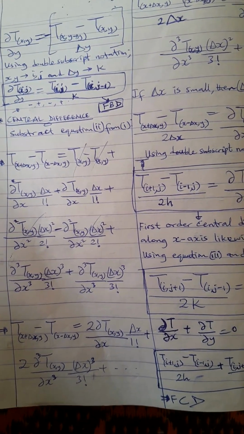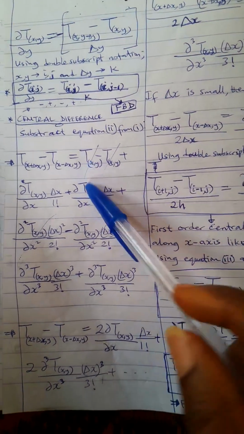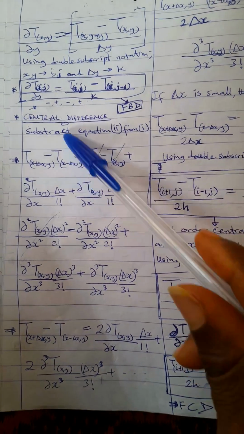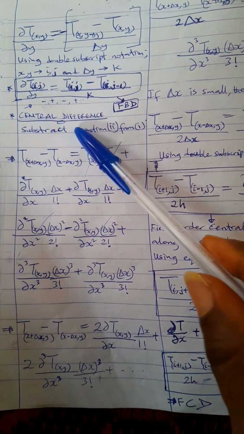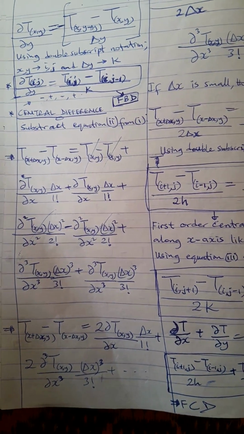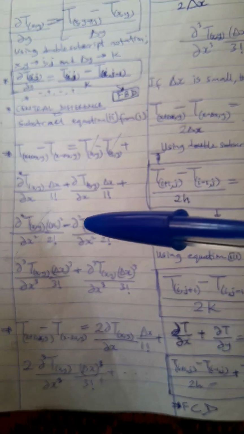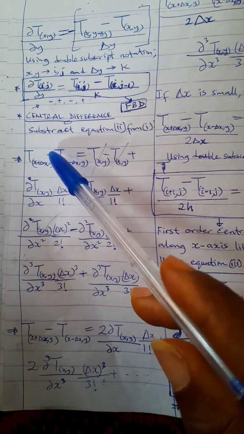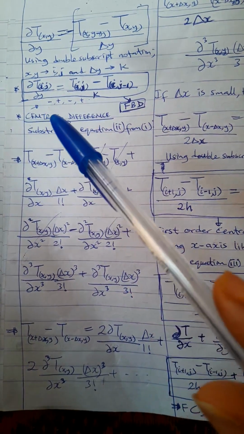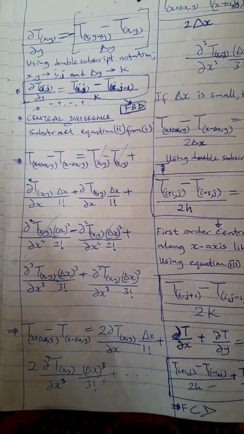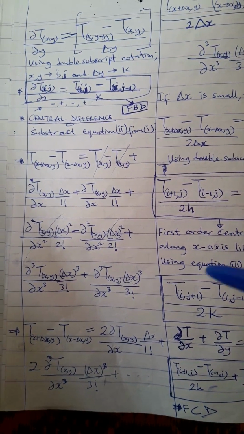So for central now, let me add this so that you understand everything at once. For central difference, the four equations that we first did at the beginning of the other video. This central difference is closer to the second order difference that we do after this.